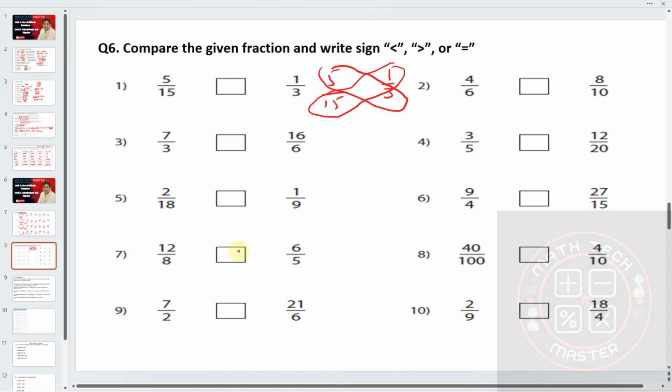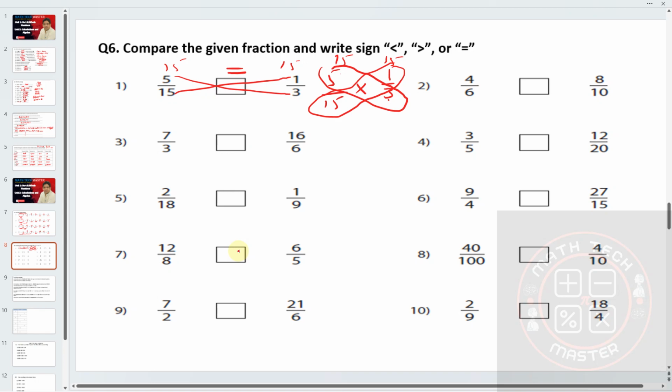Now, using the butterfly method, 5 multiplied by 3, use the multiplication, so it will be 15. 15 ones are 15. On both sides, this 15 will be multiplied by this one and this 5 will be multiplied by this one, and the answer will be written on the top of their values. So both sides have 15, so we can say these numbers are equal.